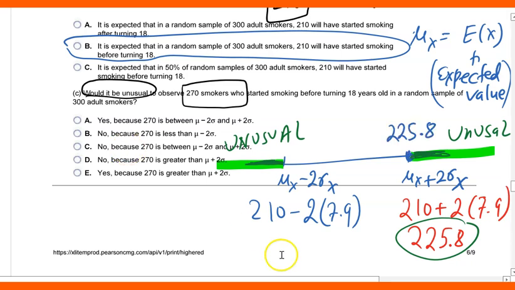I have to calculate the bottom value too, because 270 is somewhere here. This 270 value is outside this interval, above mu plus 2 sigma. Therefore, yes, it is unusual, because this is the unusual area. Yes, because 270 is greater than mu plus 2 sigma.